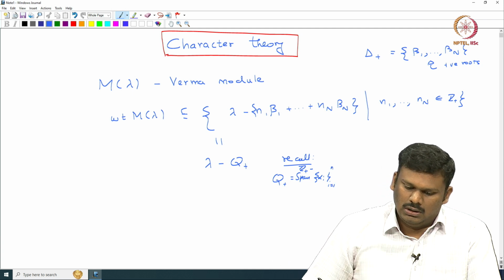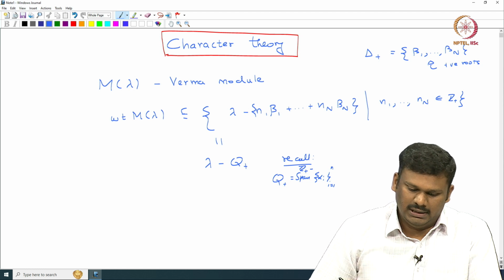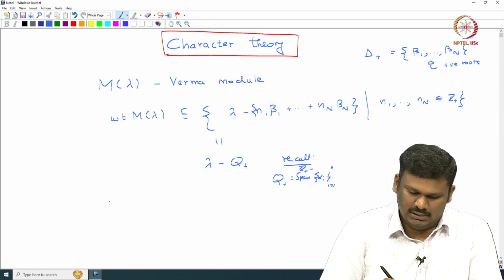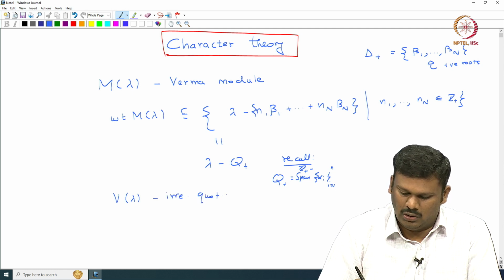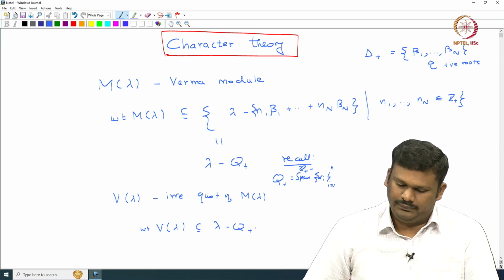Okay. So, now similarly, if we take the corresponding irreducible module, which is denoted by V of lambda, the irreducible quotient of M of lambda, again the weights of V of lambda is contained in this lambda minus Q plus. Okay.